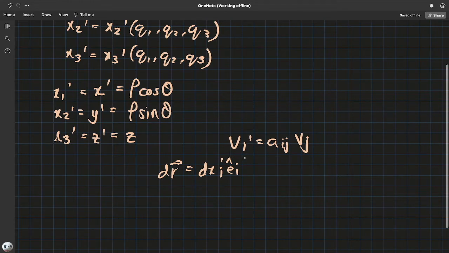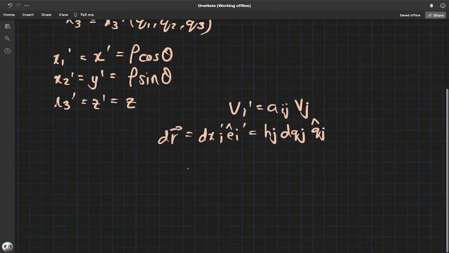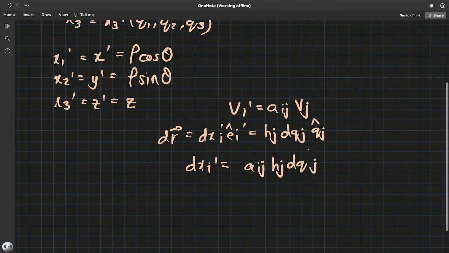this guy basically, but this is equal to, using the formulas we derived using differential geometry, the scaling factor d q sub j hat, and we have also the relation a sub ij h sub j d q sub j.